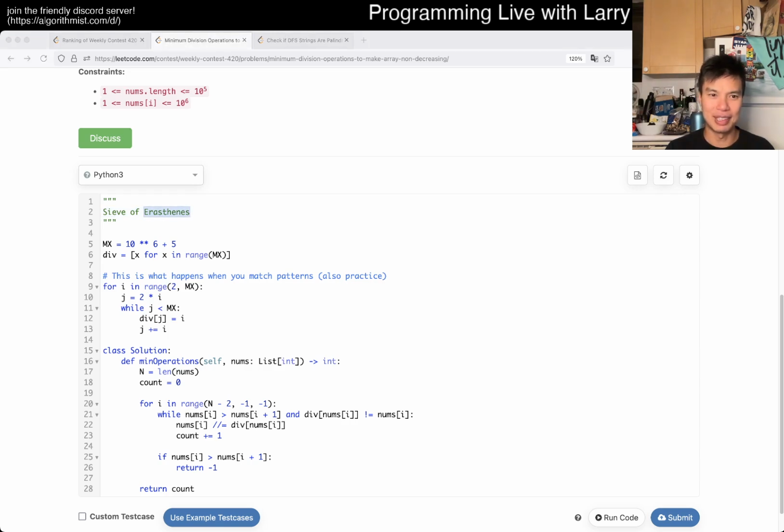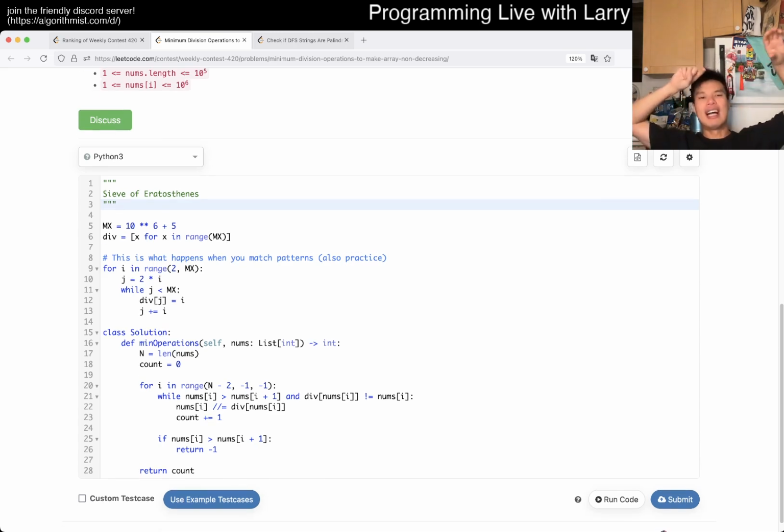The idea is that for 1 we do everything, for the number 2 we do every second thing, then every third thing, then every fourth thing, right? That's really the idea behind this.